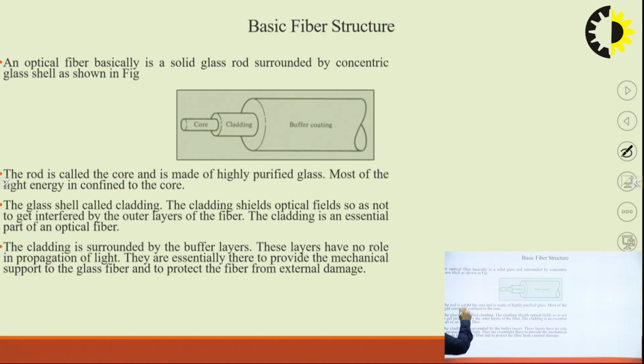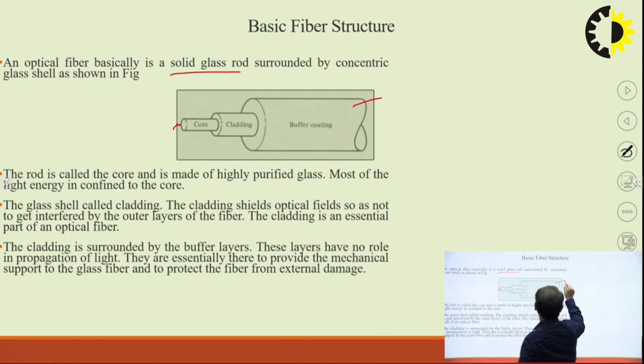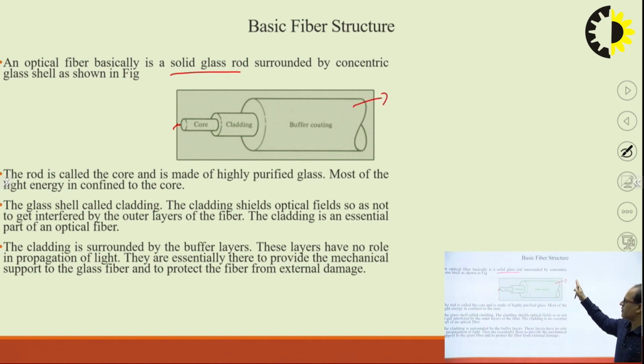Now, what is an optical fiber? It is a solid glass material surrounded by a cylindrical glass shell. This core is surrounded by the cladding, and both are surrounded by the buffer coating, which has the main role of protecting the core and cladding.